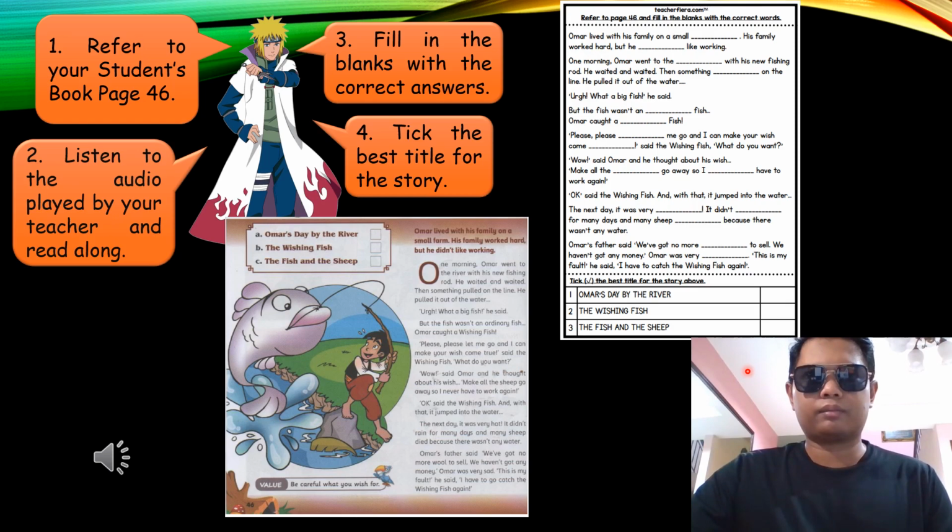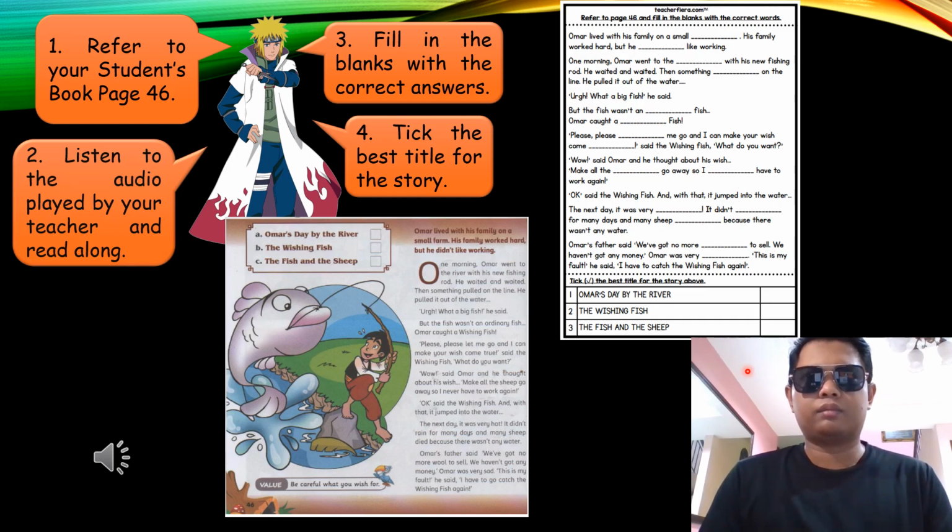1. Read and tick the best title for the story. Listen, read and check your answers. Omar lived with his family on a small farm. His family worked hard, but he didn't like working. One morning, Omar went to the river with his new fishing rod.